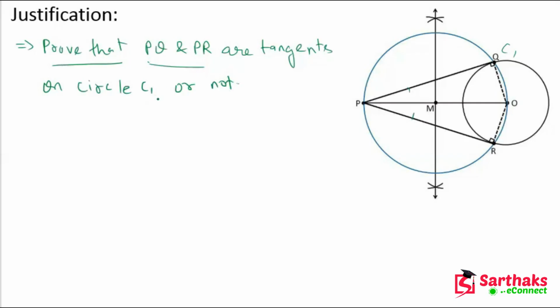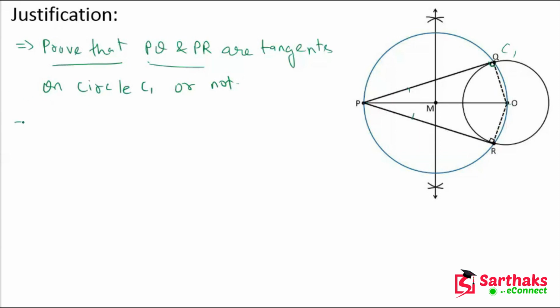So for proving this, from the construction, angle PQO is an angle in the semicircle. Firstly, we have to join Q to O, and this angle is an angle in the semicircle. So we know that an angle in a semicircle is a right angle.